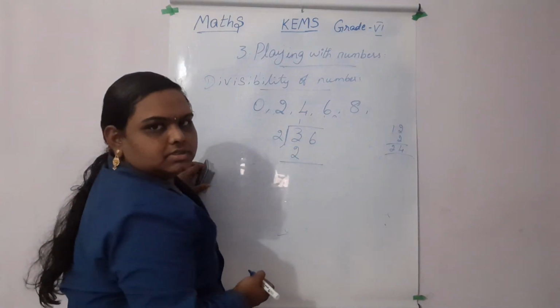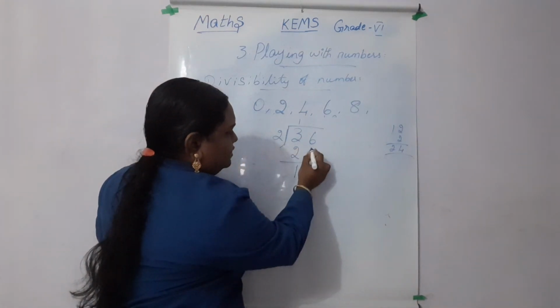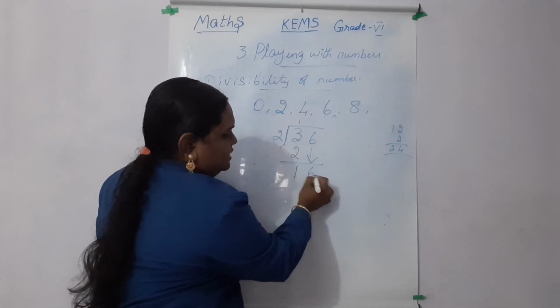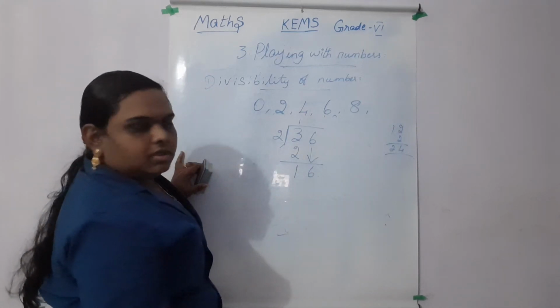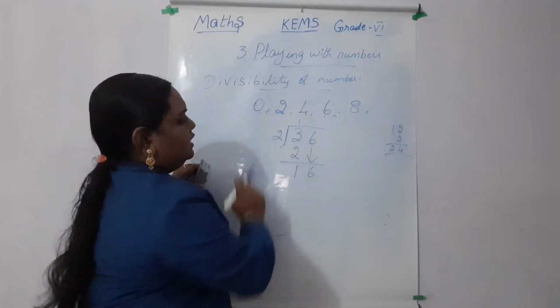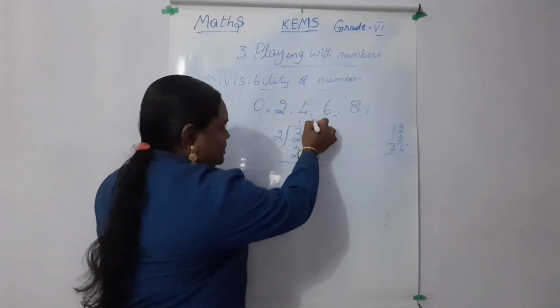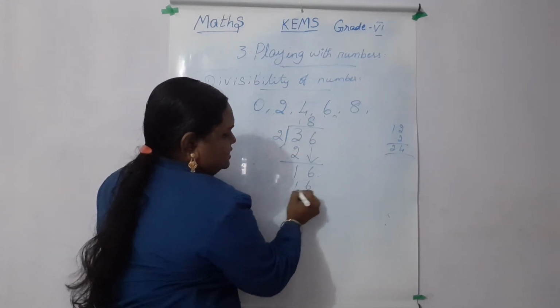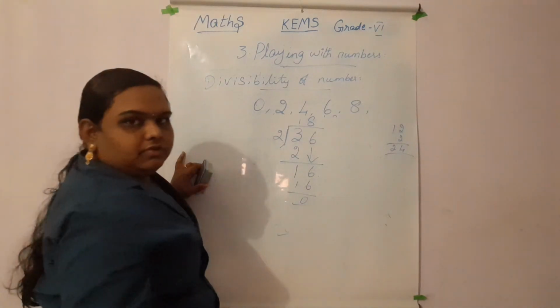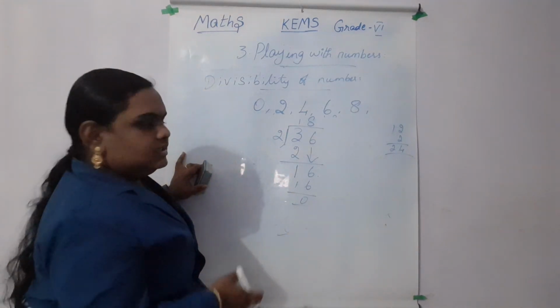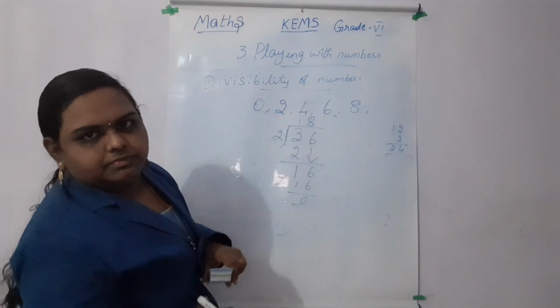Subtracting these two numbers, 3 minus 2 is equal to 1. Then, I am writing 6 down. Okay. So, 16. 8 2s are 16. So, 16 minus 16 is 0. If you get the remainder 0, it is divisible by 2.